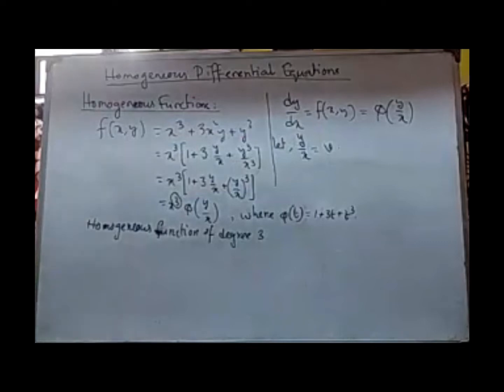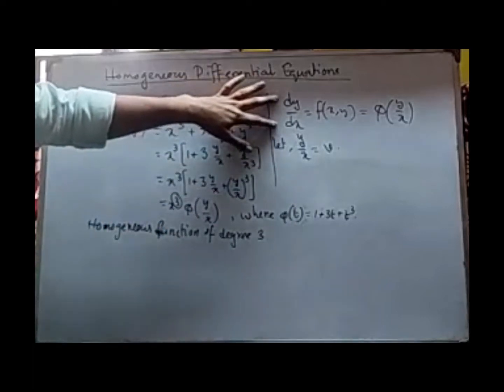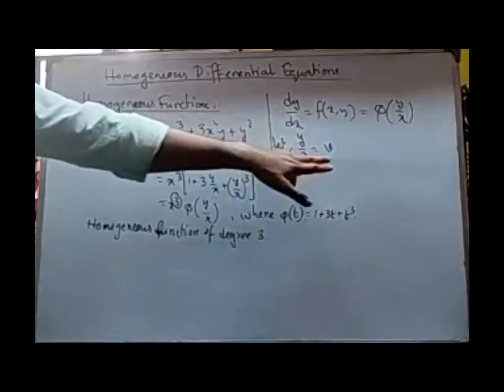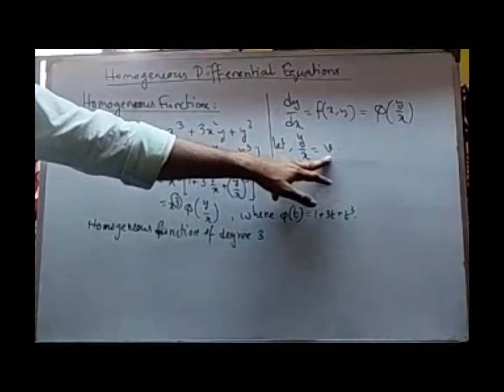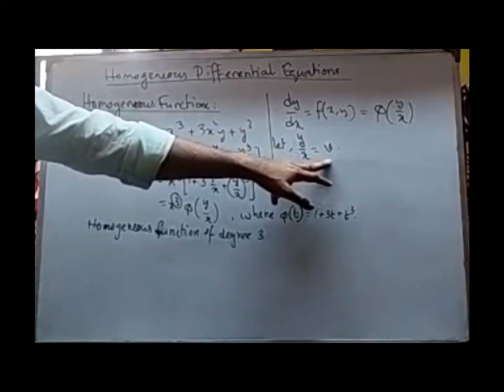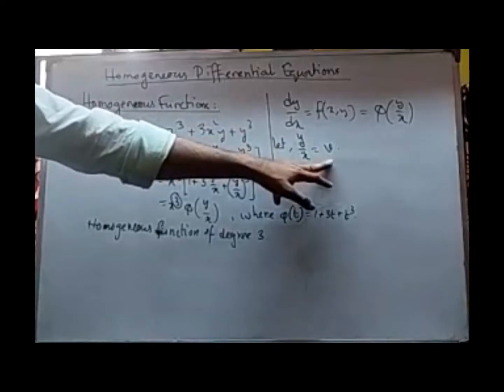Yes, because after taking this substitution, you have to change the differential term. This is the main reason. So you should know whose function is v, x or y or what. So v is a function of x. So when you are differentiating it, it should be dv dx. Very simple.